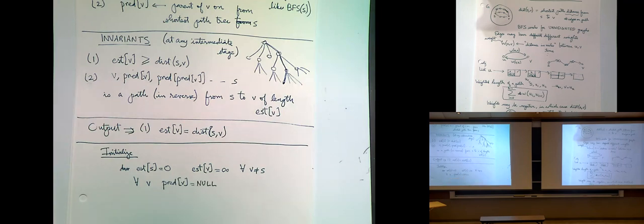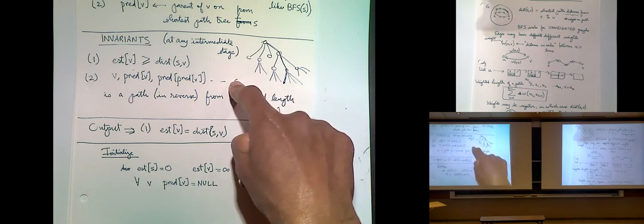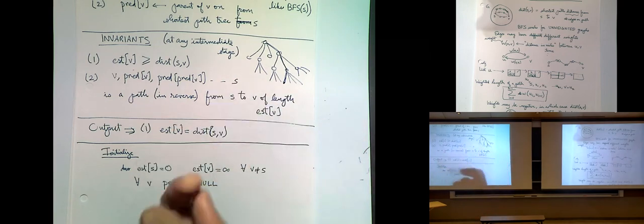Right? This is the obvious way you'd initialize. For every vertex other than the source, I don't know what the shortest path is, so I'm going to assume it's infinity. That way I maintain the invariant. And there are no predecessors. Right? So, fairly clear? Okay.